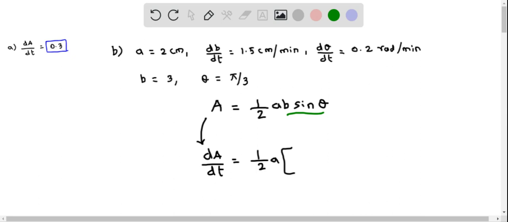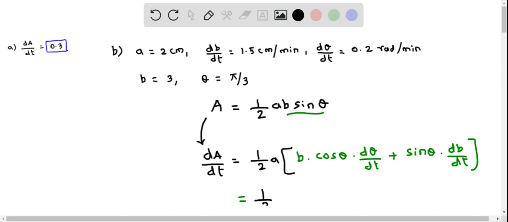When we apply the product rule, first I write the b and then differentiate sine theta with respect to time, which is cosine theta times d theta over dt using the chain rule. Now I write the second one, that is sine theta, and then differentiate b with respect to time, that is db over dt.